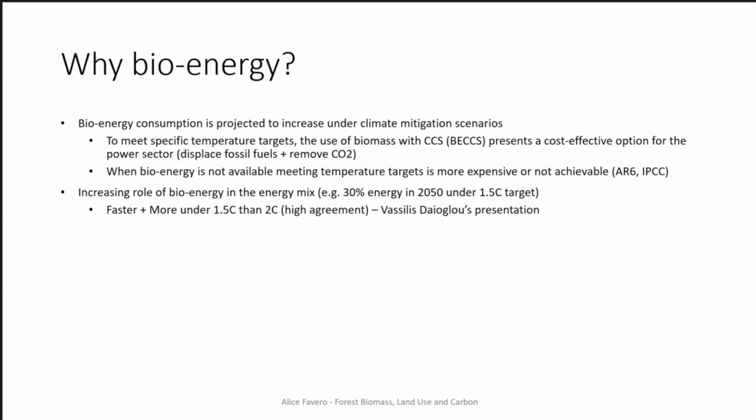Just to remind you of a few interesting things: when bioenergy is not available, it's more expensive to meet temperature targets, and in some situations, it's actually not even achievable. If you remember the figure of future bioenergy demand under different policy stringencies, the demand is expected to start slow and then grow faster as we extend the timeline, with more and faster demand when we shift from the 2 degrees Celsius target to 1.5.